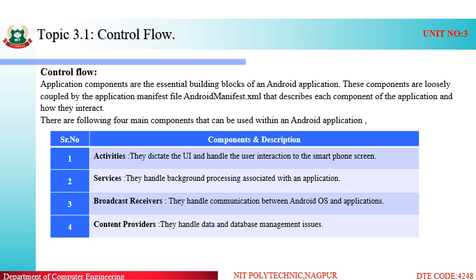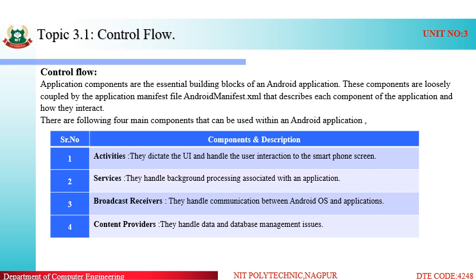So basically an Android application consists of four main components. First one is the activity. Activity is nothing but the UI which we see on our mobile screen. Services are the background actions which will be performed, like button click. After button click, what should happen?